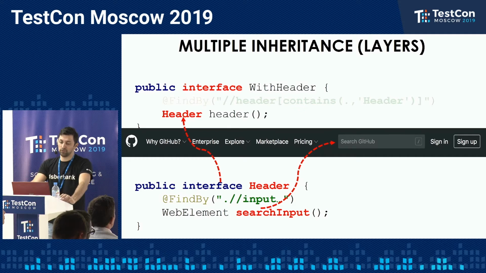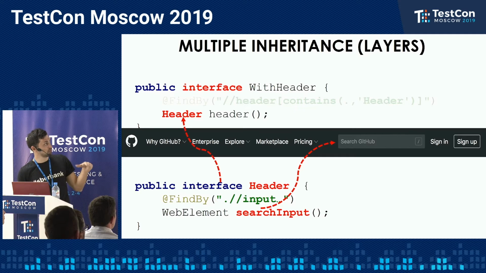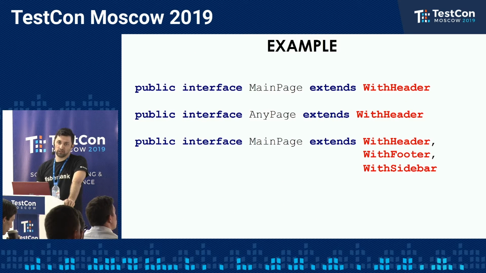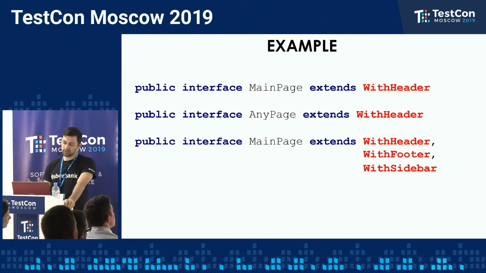I have described through the interface my so-called layer, GitHub header, and I've created an additional interface called WithHeader. And when I need to use that layer, I just inherit it. I turn it on by inheriting.